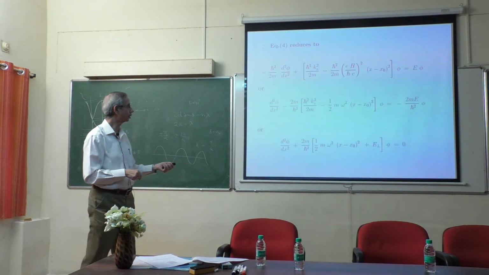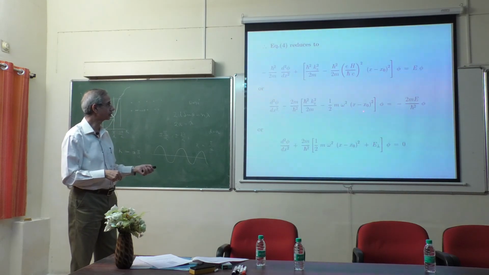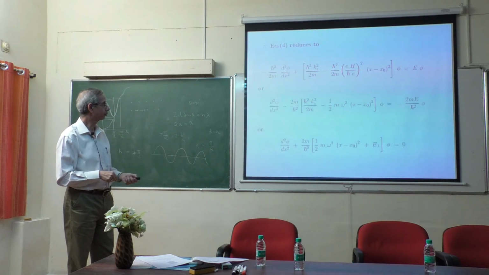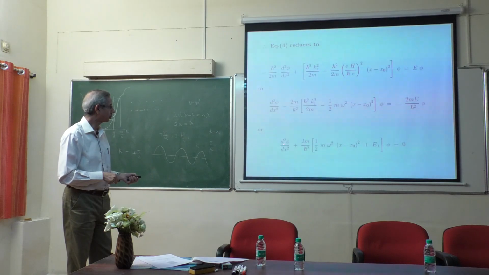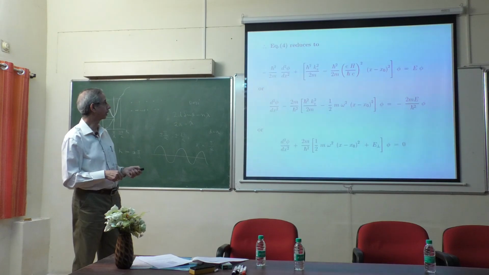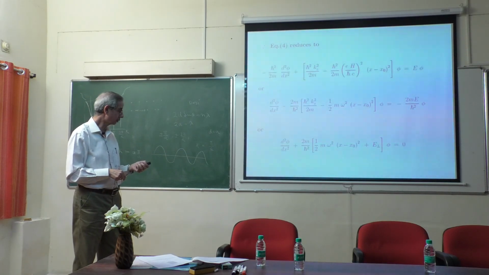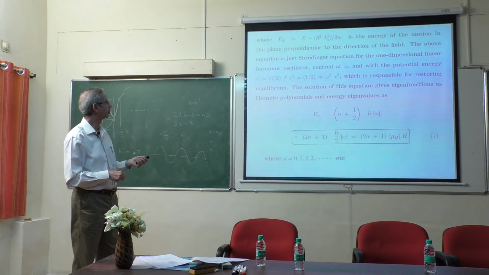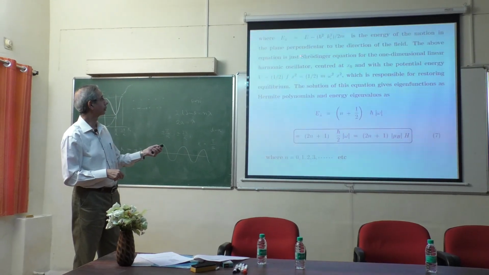So this is now the harmonic oscillator which is centered at x naught. Finally, you can write it in this form, where this E perpendicular is actually E minus h cross square k square by 2m, which is this.